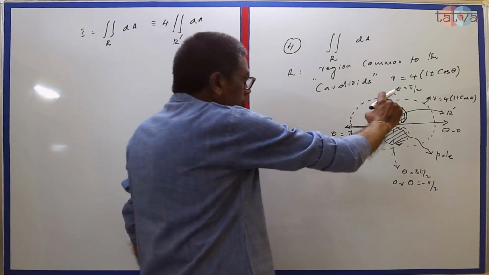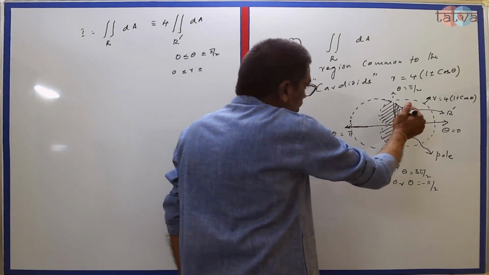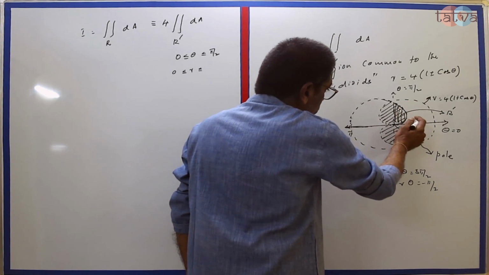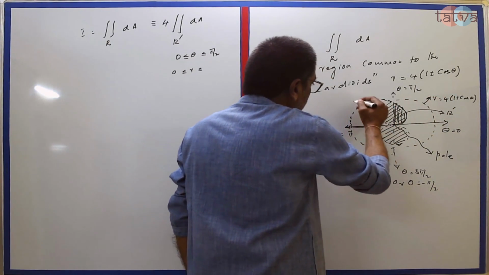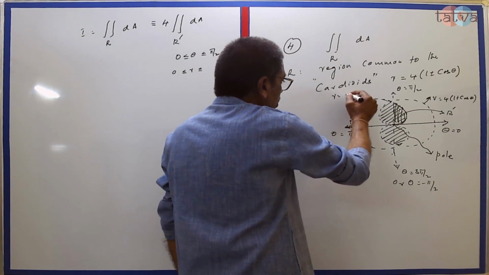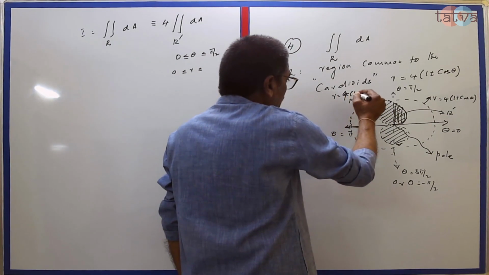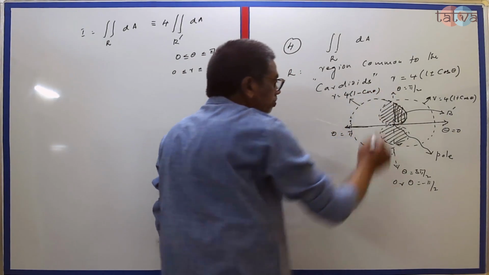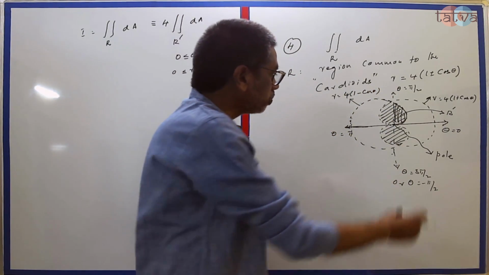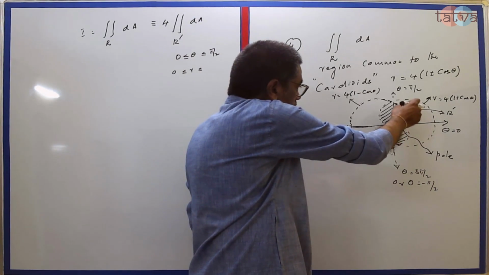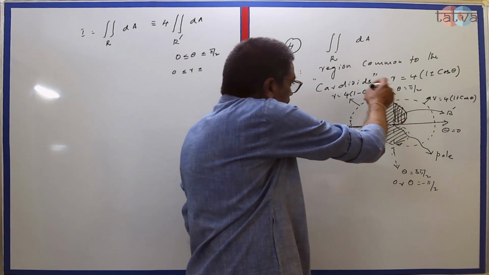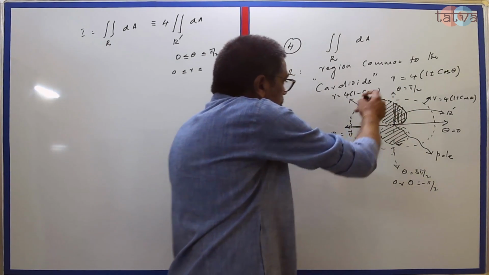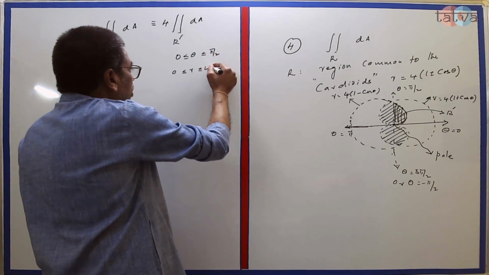Because we have chosen to work on this part of the region, I will take this boundary. This boundary is not that. It belongs to r is equal to 4 times 1 minus cos theta. So just once again to explain, this boundary is part of this cardioid, r is equal to 4 into 1 minus cos theta. So that will be my outer limit.